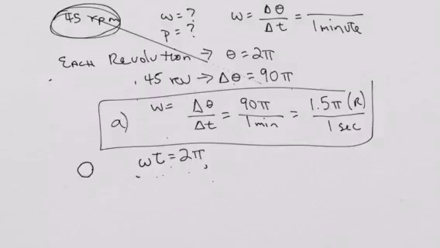So really we know that omega, 1.5 pi, times t equals 2 pi. And if you do the math, you get t equals 4/3. Sorry about that, the pi cancels out.